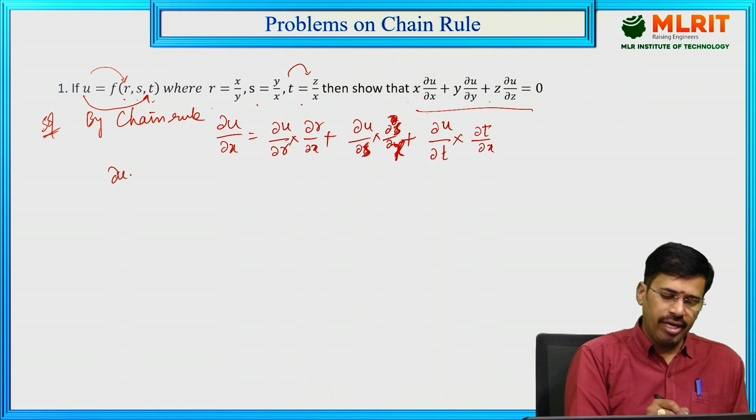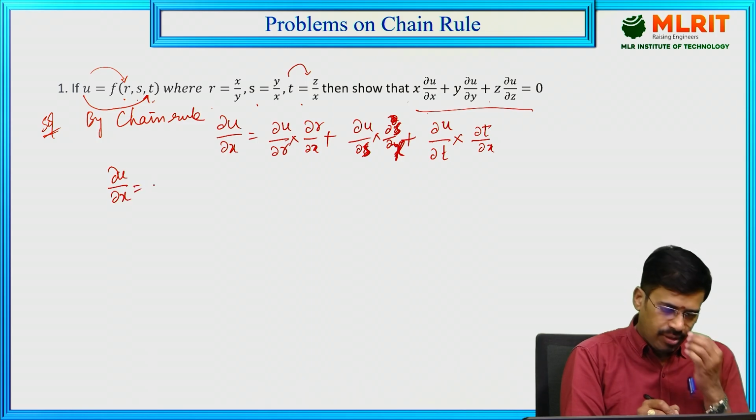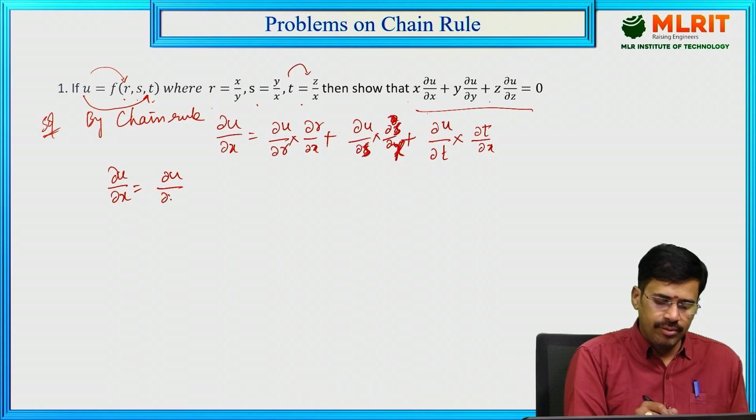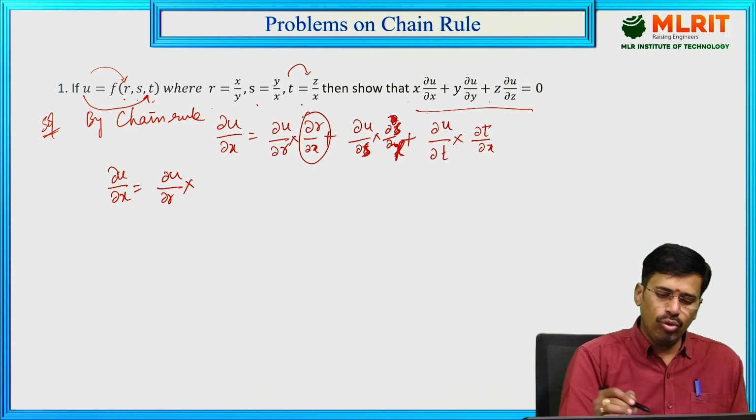So what we will be getting, dou u by dou x is equal to dou u by dou r into dou r by dou x.